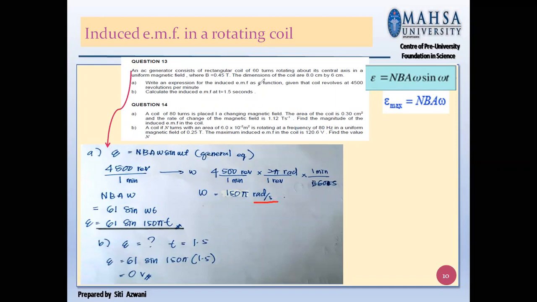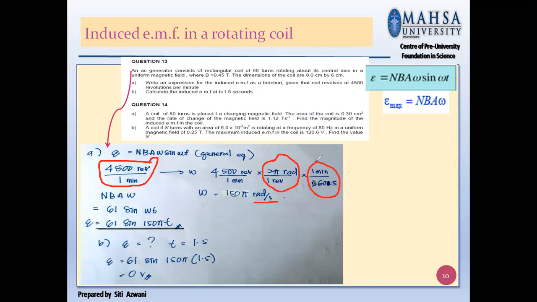But your problem gives the value of omega in the unit revolution per minute. So first you need to convert to radian per second. Remember how to convert? I show you the conversion factor here: 1 revolution is equal to 2π radian, and 1 minute is equal to 60 seconds.